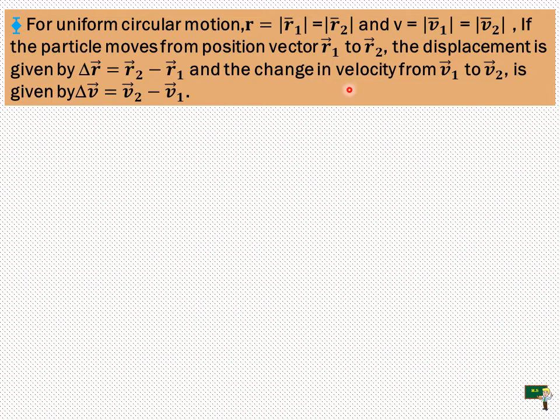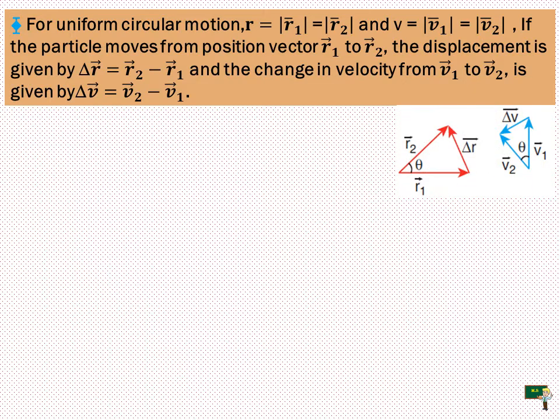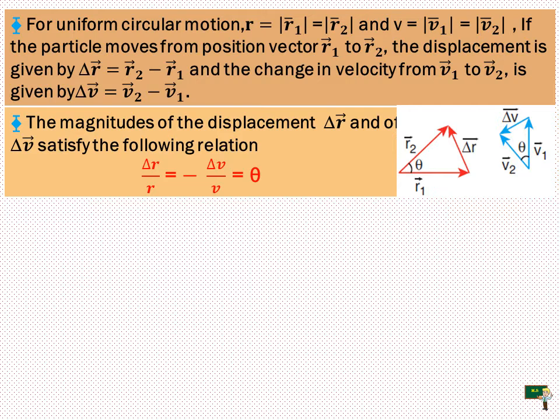The change in velocity from v1 to v2 is given by del v is equal to final velocity v2 minus initial velocity v1. See, there is a change in velocity and a change in radius, and finally we get the del r vector and del v vector.